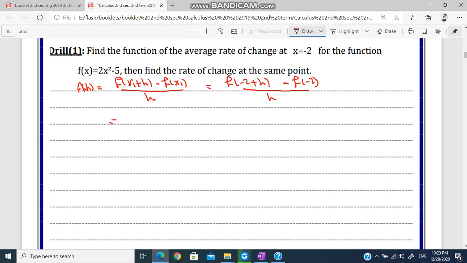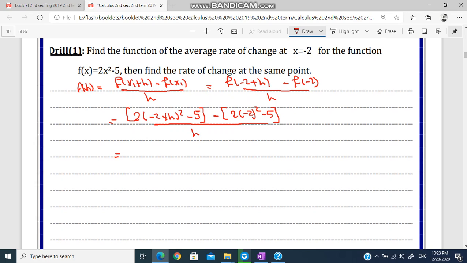By substitution in the function, 2 times (-2 plus h) power 2 minus 5 minus (2 times (-2) power 2 minus 5) all over h.